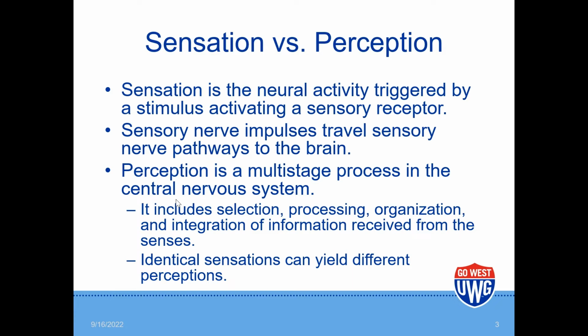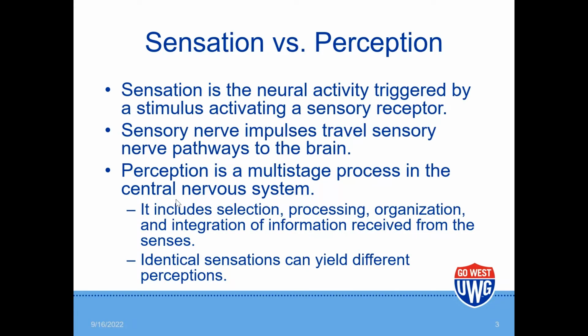And so part of the reason we talk about the difference between this is an identical sensation can yield different perceptions depending on what's going on. And a good example of this is a haunted house. If I was to drag a rope across your face, or you were to walk into a rope hanging from the ceiling with the daylight on, and you can see what it is, what you perceive is just a rope across your face.